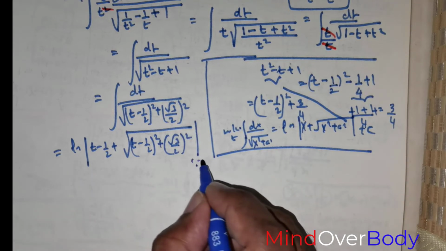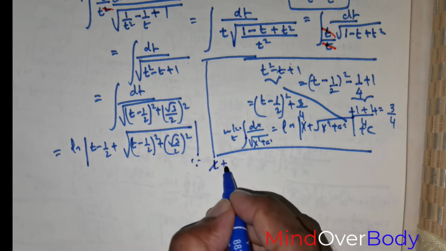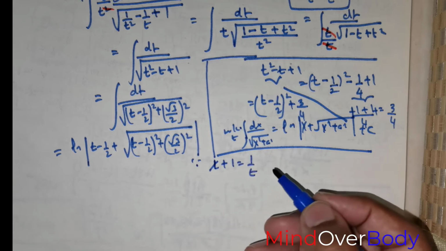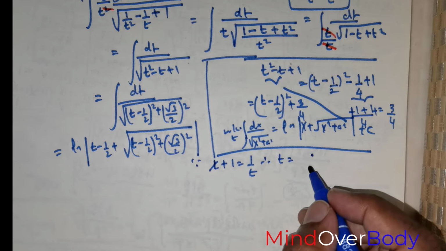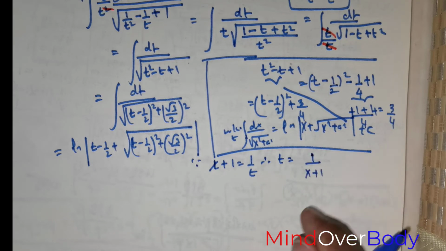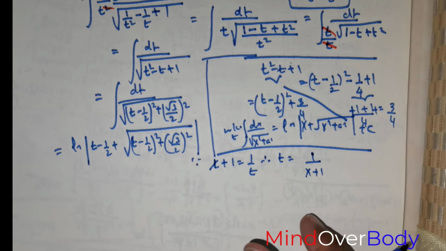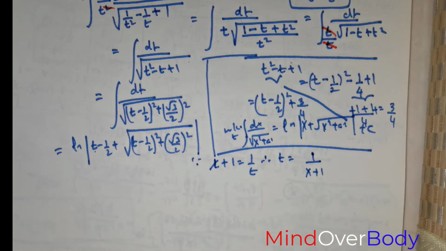Now we know that x positive 1 is equal to 1 over t. So therefore t is equal to 1 over x positive 1, right? This is what we have got. So we will have to substitute in place of t 1 over x positive 1.